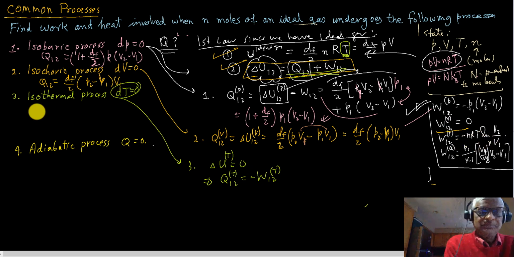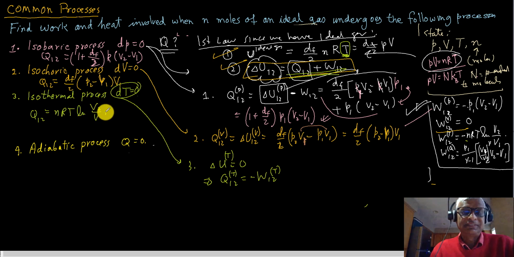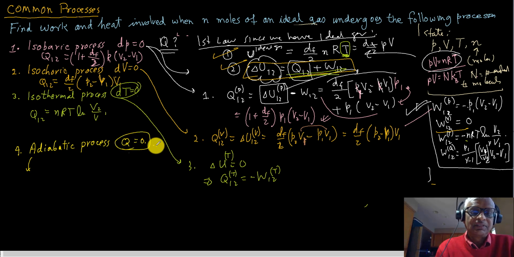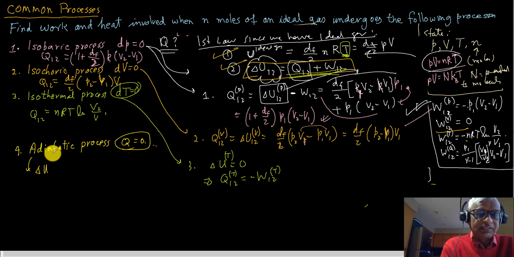So Q12 in this case is just minus with a minus, plus nRT log V2 over V1. Finally, the adiabatic process, we already have Q equal to 0. So we can ask, what is the delta U for this?